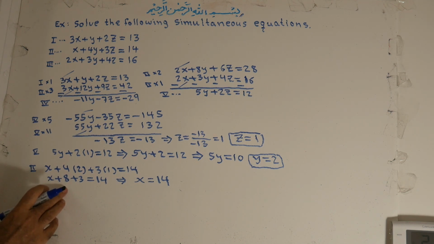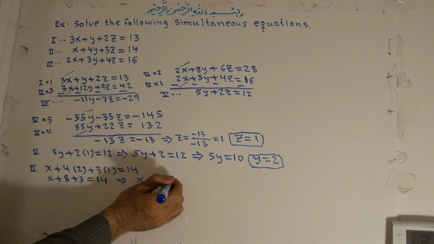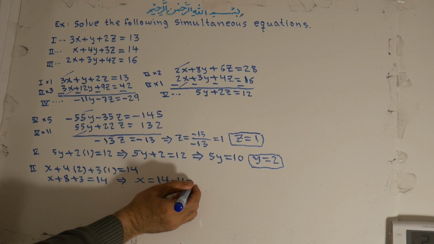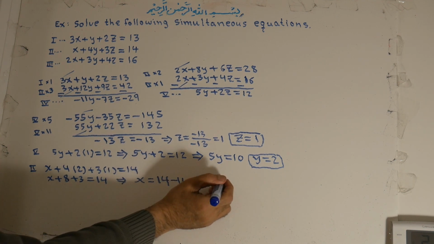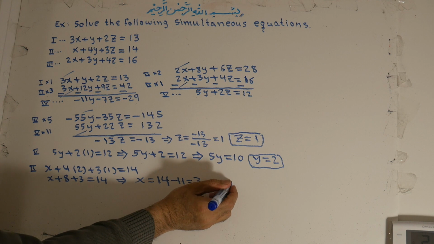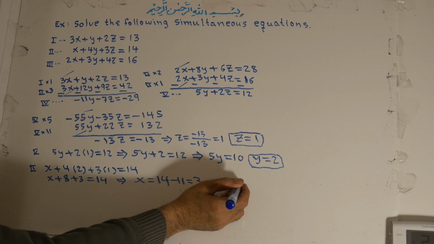We carry the 11 from the left side to the right side, it becomes negative 11. That is equal to 14 minus 11 is 3. It means that x is equal to 3.